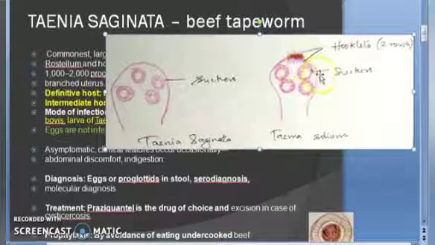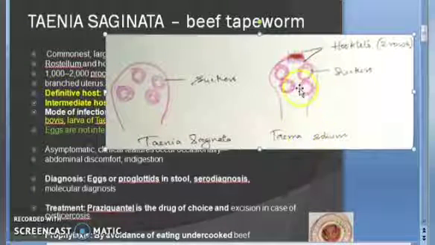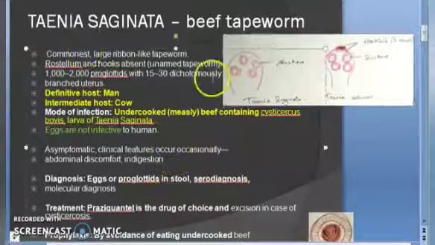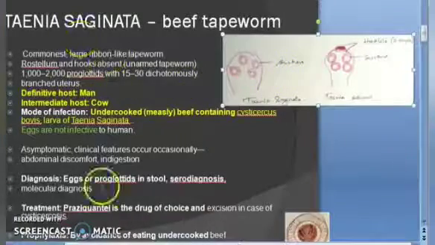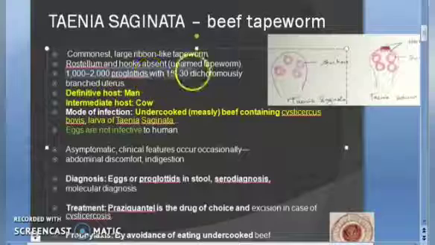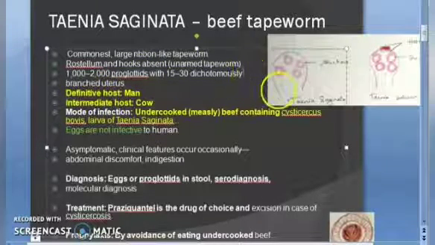Taenia saginata is bigger than Taenia solium. Taenia solium is small but it has hooklets, so it is armed. Small but armed fellow. Smart fellow it is. Now, Taenia saginata has 1000 to 2000 proglottids with a dichotomously branched uterus.